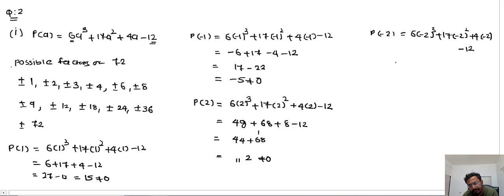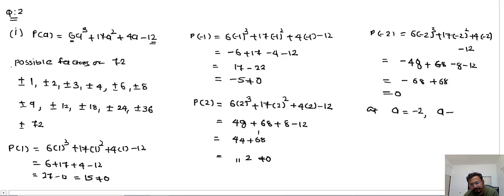Minus 68 plus 68, so it's 0. So at a equal to minus 2, if you take minus 2 to the left hand side, a plus 2 is a factor of P of a. You can check all the remaining values this way and you can find the factors, but we have to go in shortcut methods.